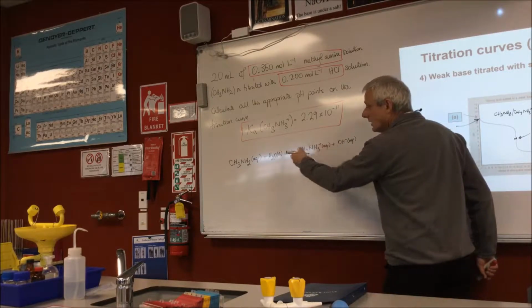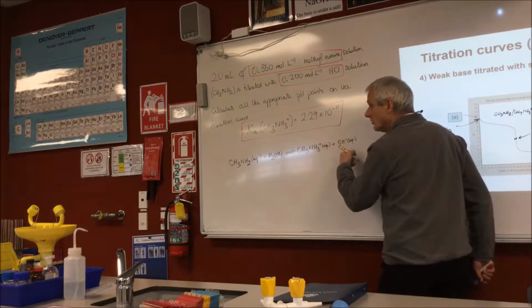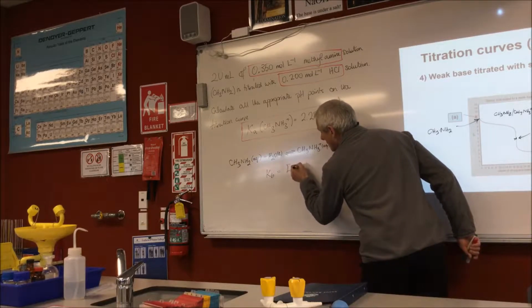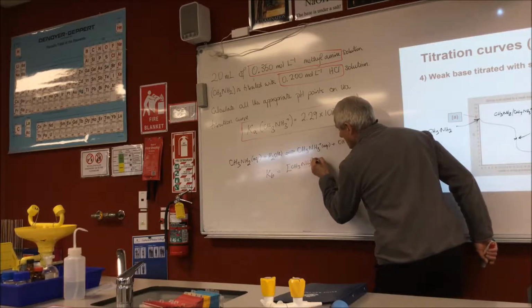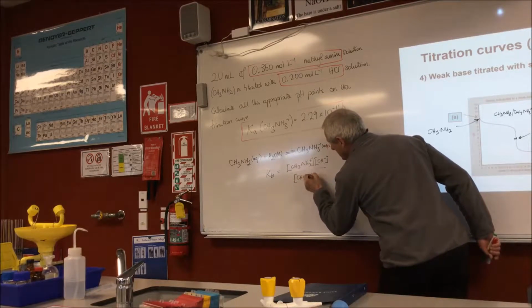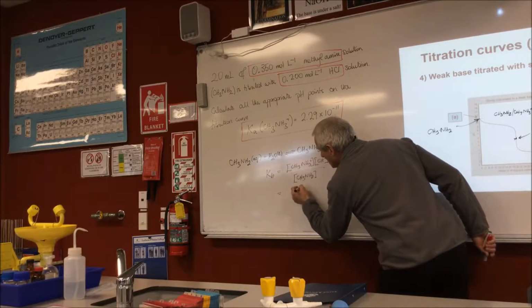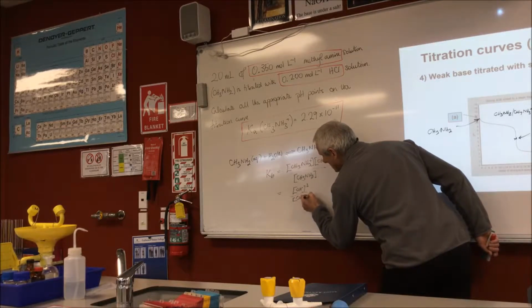This is the only reaction that's going on of any significance. So these two are of equal concentration. So we've got Kb is equal to the concentration of the conjugate acid times OH- over the weak base. And so because these two are the same, that's [OH-]² over the concentration of CH3NH2.